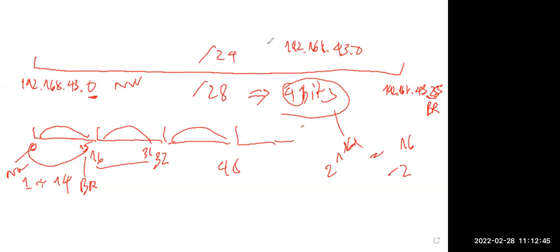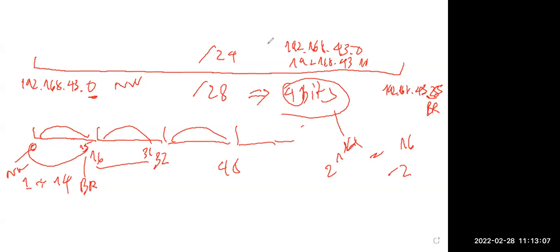But I see some of you make a mistake here. Even if you break it down into 192.168.63.0 and 192.168.43.16, you do not change the subnet mask. When you do not change the subnet mask, you get the overlap.